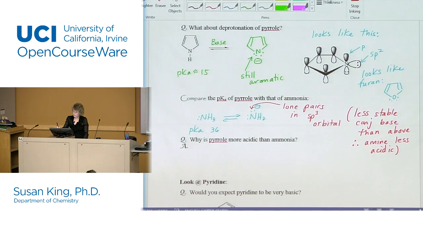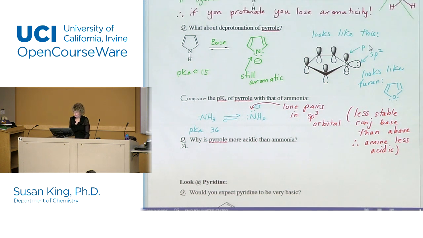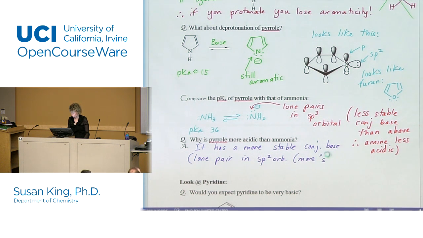All right, so let's write the answer to that down. Why is pyrrole more acidic than ammonia? It has a more stable conjugate base. And that's because the lone pair is in an sp2 orbital, which means we have more S character.